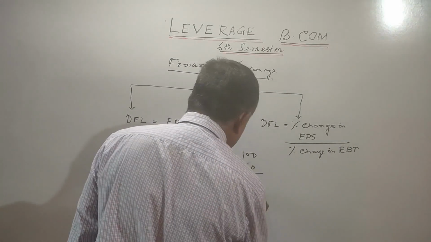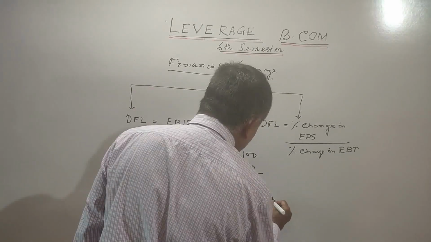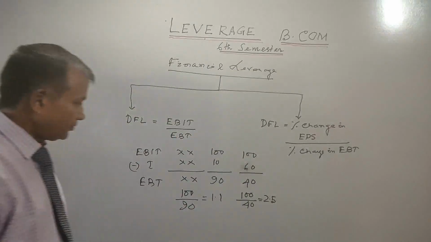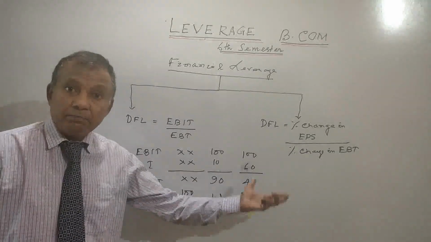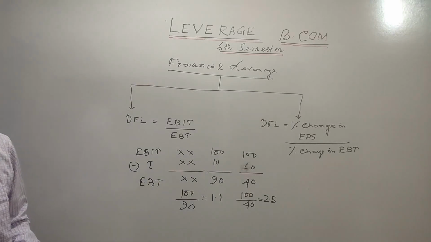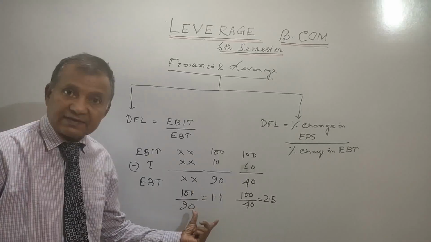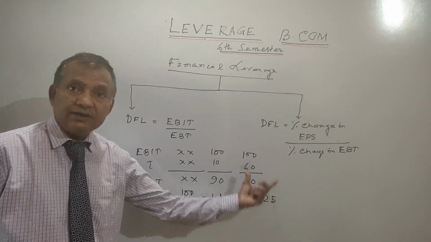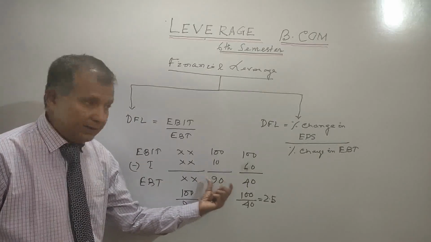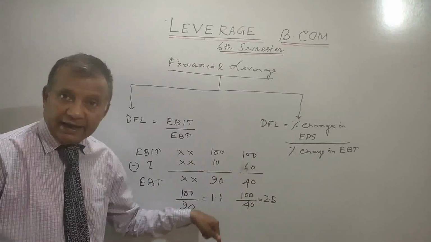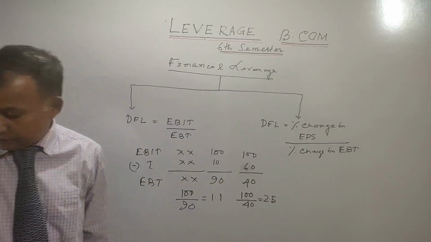In this case, 100 by 40 comes to 2.5. If it is 2.5, then it is more risky with the loan, right? Here the risk is less, here the risk is more. Here EBT is quite high, and here EBT is quite less due to the presence of high interest.